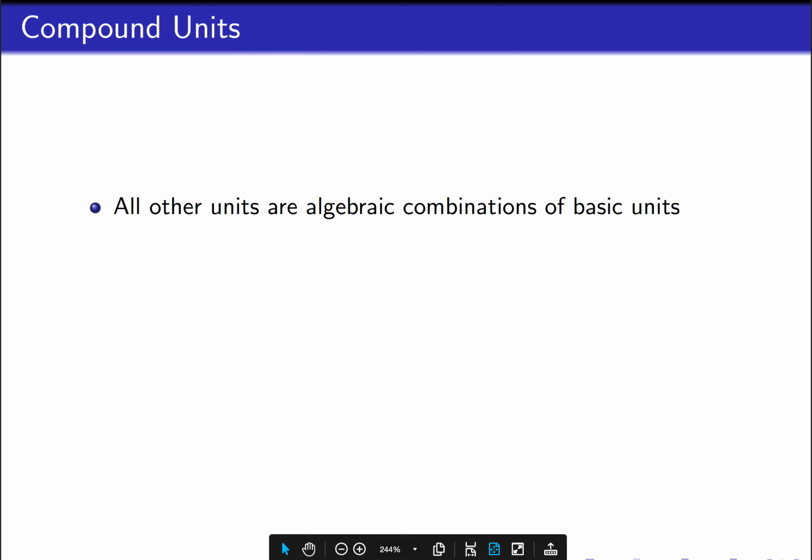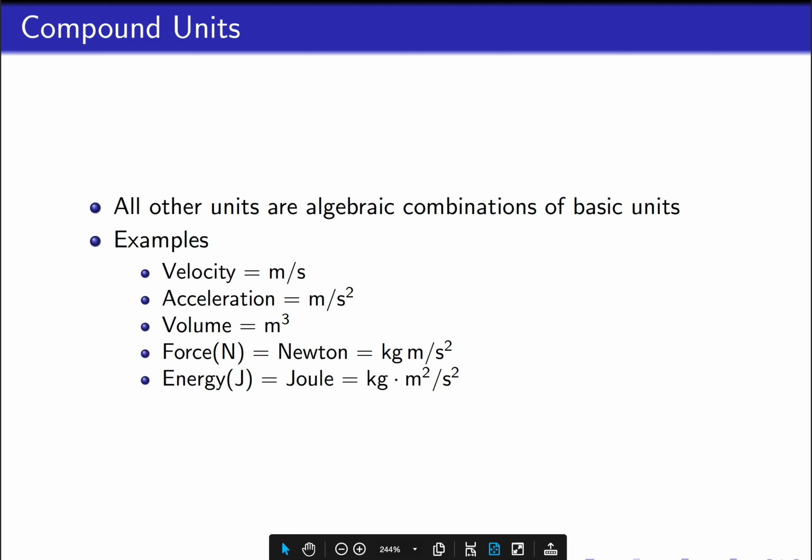All other units for any other quantity can be expressed as an algebraic combination of the basic units. So, some examples. First, we have velocity, which can be expressed as meters over seconds. We also have acceleration, which is meters over seconds squared.